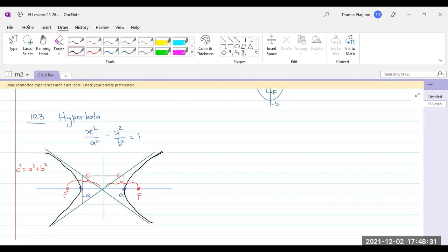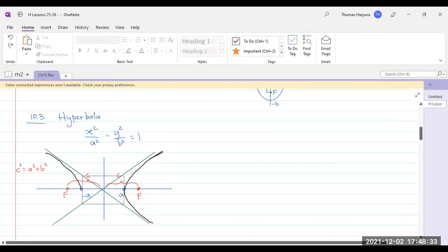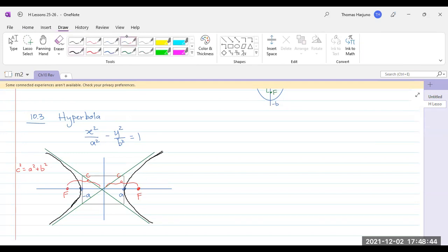Okay, now that one is not good. I think this one is better. And if we look back into that rectangle, this is B and negative B.